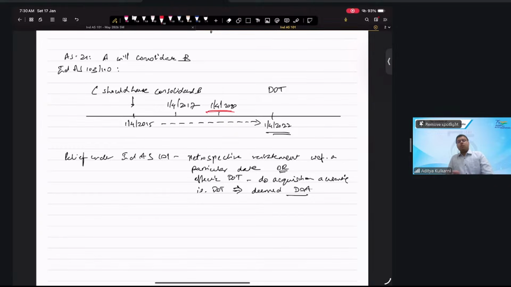Why would I take 1/4/2020 when in fact I have purchased another subsidiary on 1/4/2017? Why am I selecting 1/4/2020? It is possible that the subsidiary that I have purchased is a useless subsidiary. I do not want to show the effect of that subsidiary in my Ind AS financial statements.